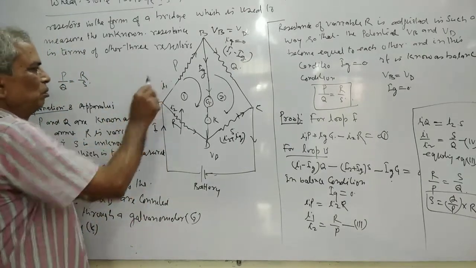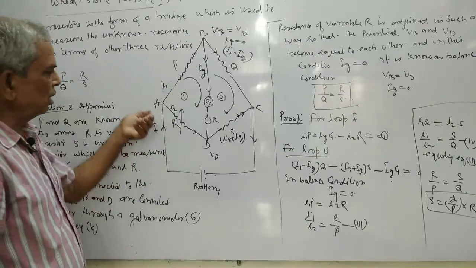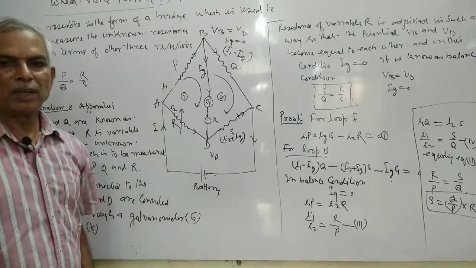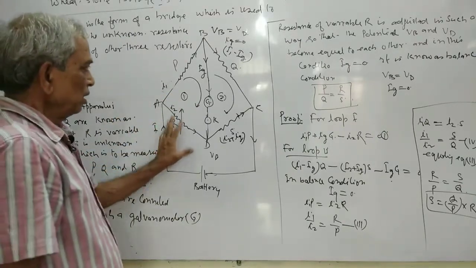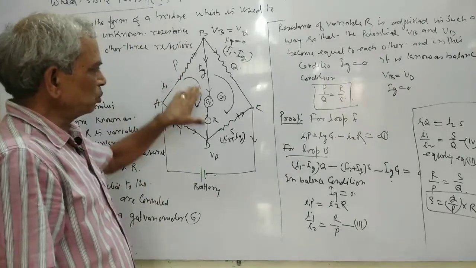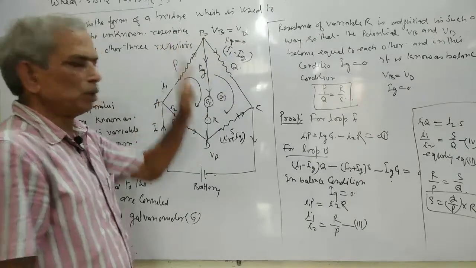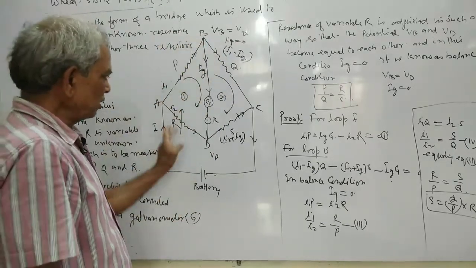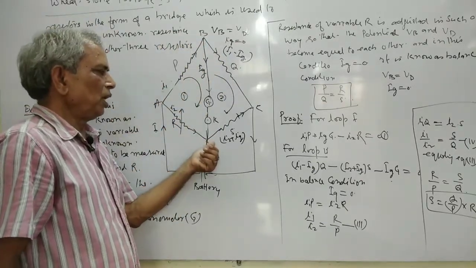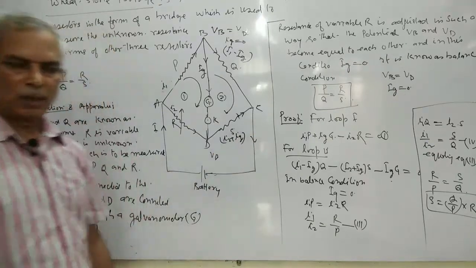I1 goes for P resistor and I2 goes to R resistor. Some part of the current goes to the galvanometer and rest part I1 minus Ig goes to Q. And this current is collected at point D and goes to this branch.